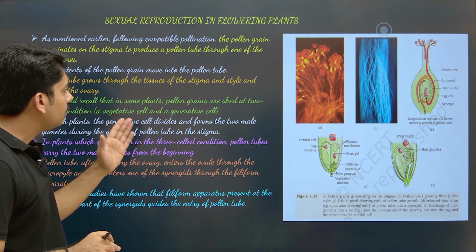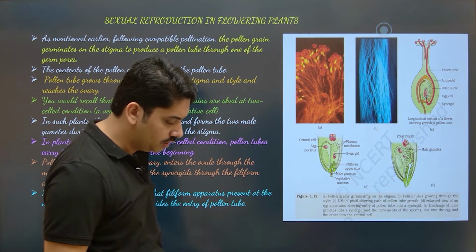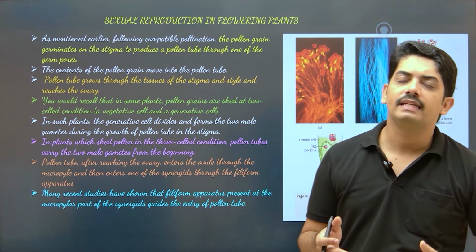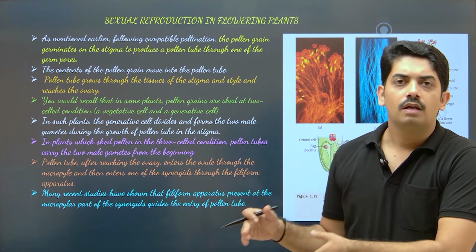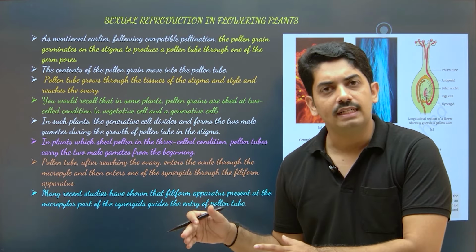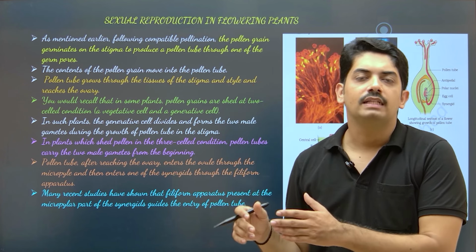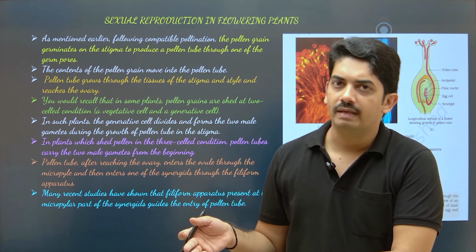Then pollen grains are shed at the two-cell stage. It is just given for recall. I already explained what happens when it is released at the 2-cell stage and when it is released at the 3-cell stage. When it is released at the 2-cell stage, as it travels through the pollen tube, halfway it again undergoes mitosis and produces the 2 male gametes.